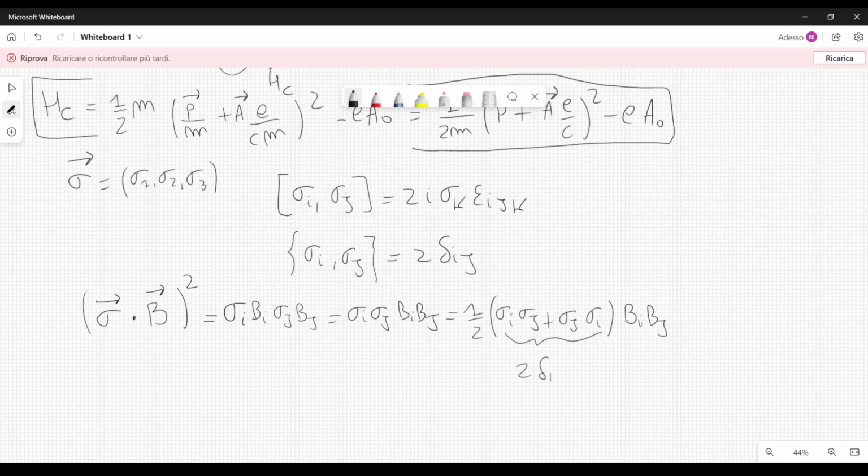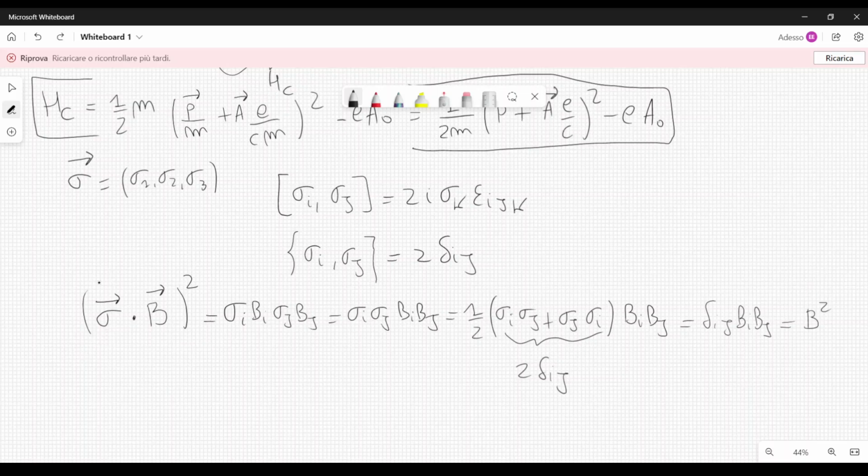This is twice the Kronecker delta ij, so here we get simply delta ij Bi Bj, which is equal to the magnitude of the vector B squared. And we should multiply this by the identity matrix, because this is an operator actually, as I said earlier, so this is not really a scalar, because on the left we really have an operator.